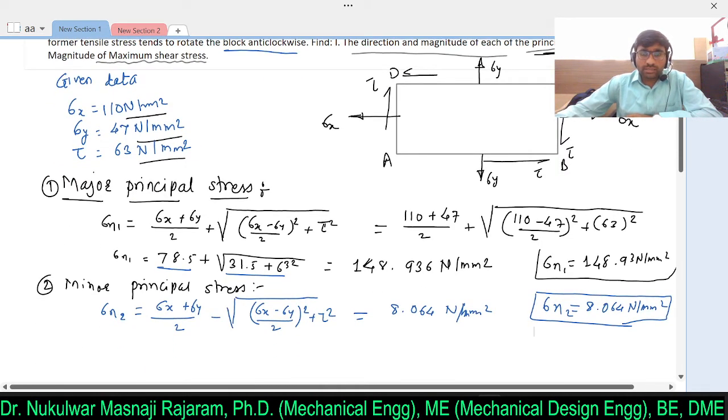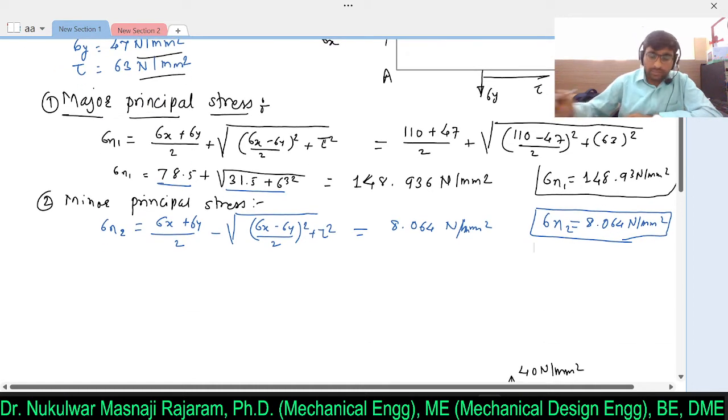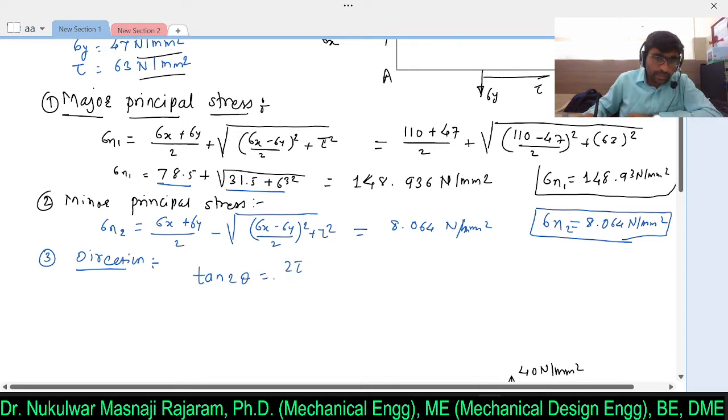Now what is asked? Direction is also asked. When we derived the problem, at that time we came across another formula, that is the direction. For direction, tan of 2 theta equals 2 tau divided by (sigma x minus sigma y).